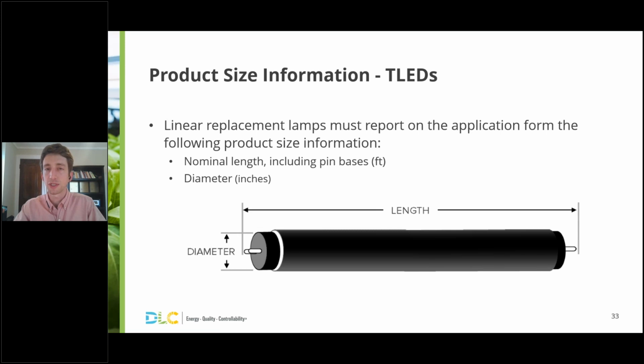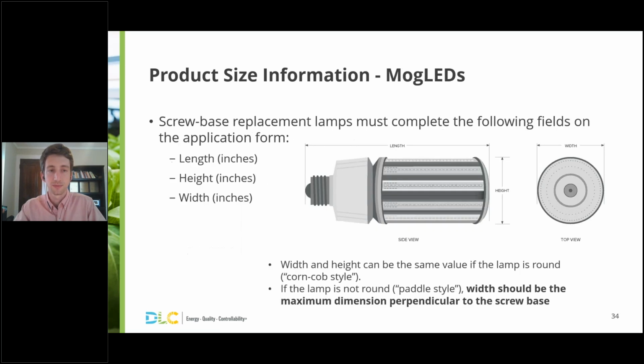To go into a little more detail regarding the size properties for T-LEDs, you should include the nominal length, which includes the pin bases, in feet, as well as the diameter in inches. For MOG LEDs, you should include the length, and that length will actually be in feet.